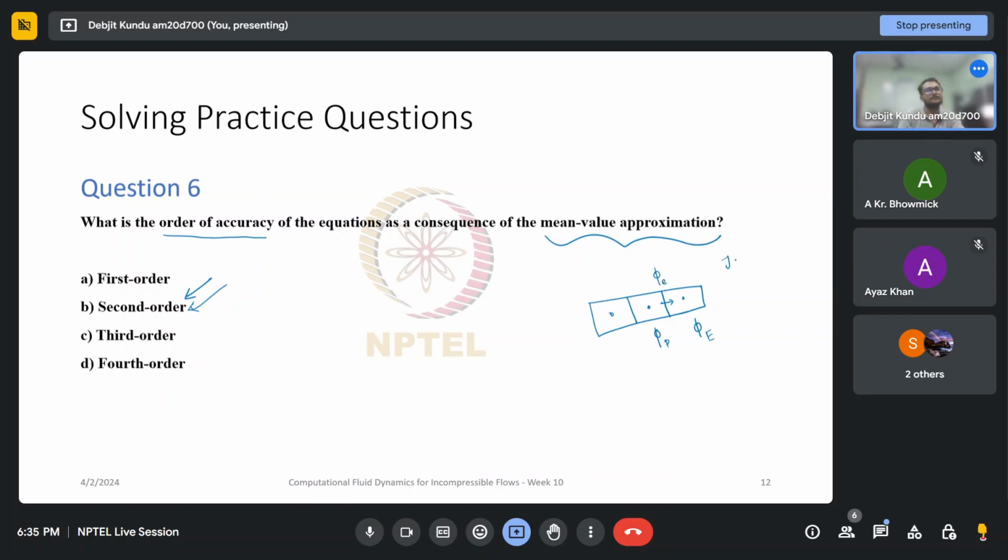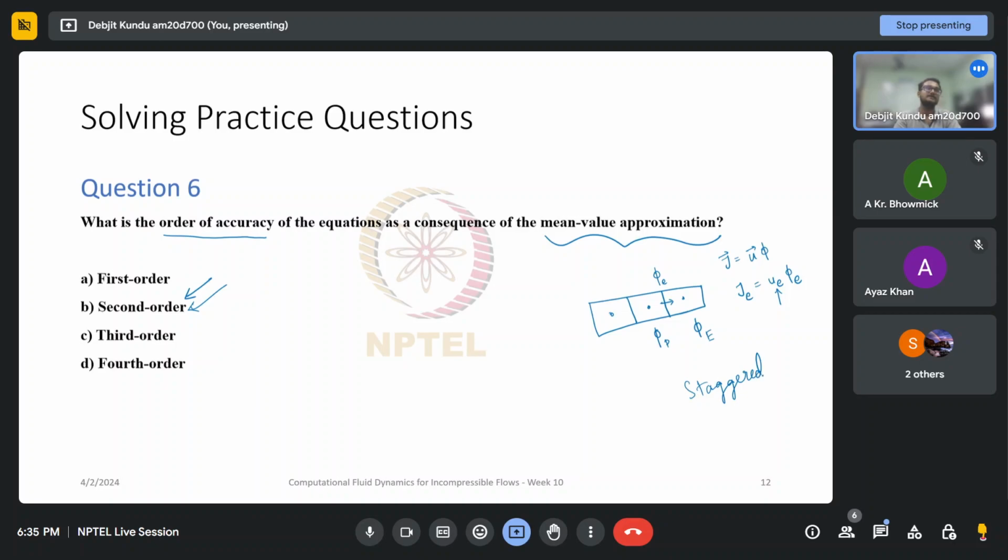So J is basically, in the absence of diffusion, U into phi, right? So J at this point, point E, should be equal to UE into phi E, right? And UE is stored over here at the cell boundary because we are using staggered grids.